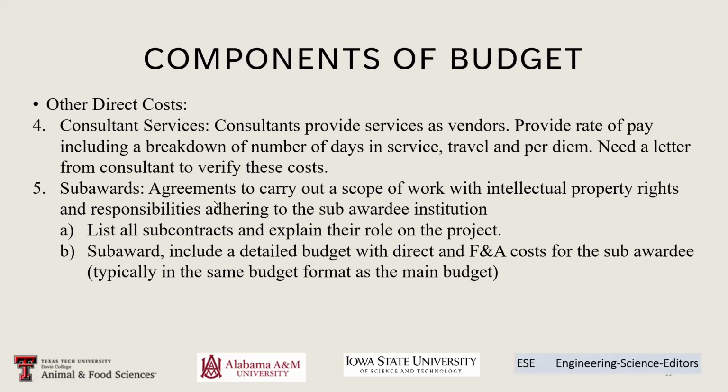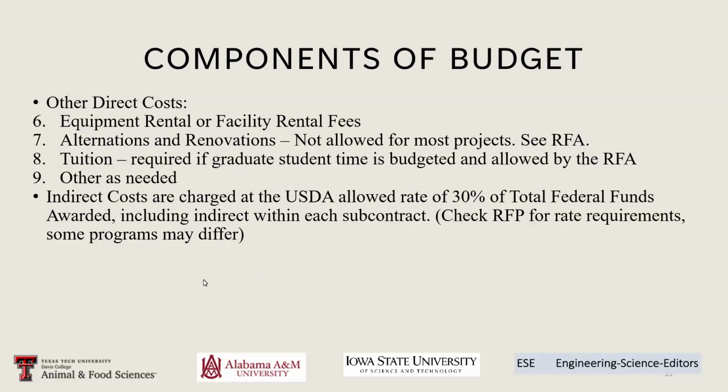I love that. So other direct costs, we talked about equipment rental, facility fees. Renovations are not allowed for most projects, and especially this call, you cannot request any of those.